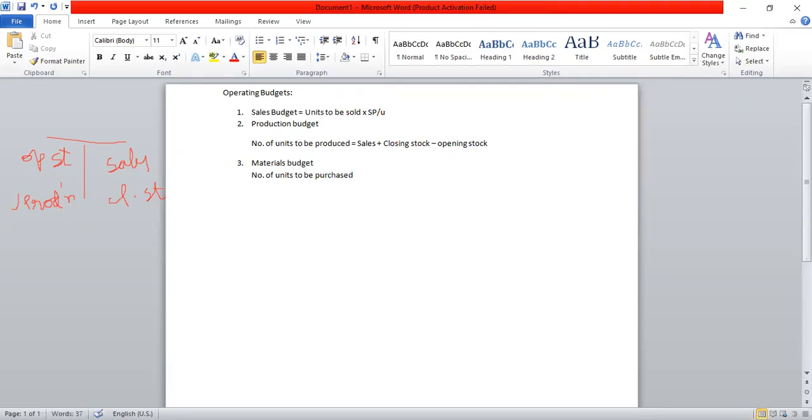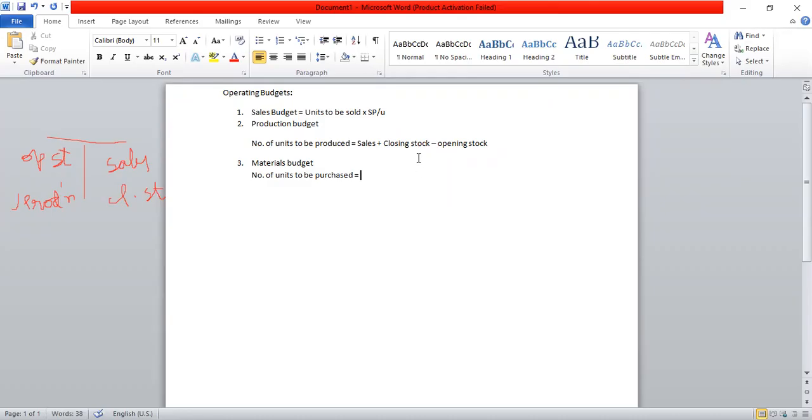Number of units to be purchased follows the same logic as sales plus closing stock minus opening stock. Now we consider production: how many units are required for production, plus the closing stock minus the opening stock of raw material.